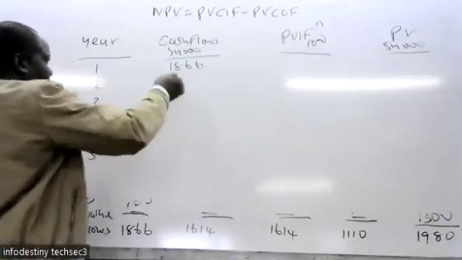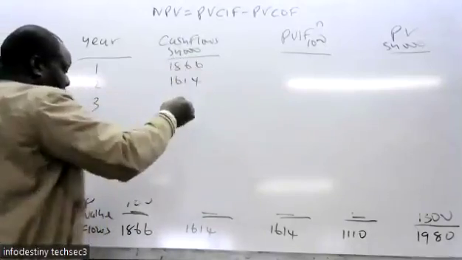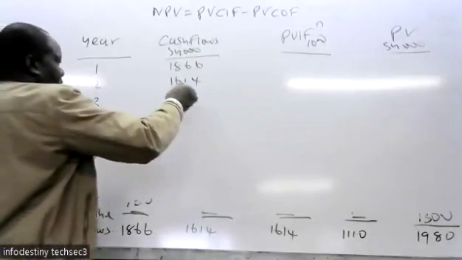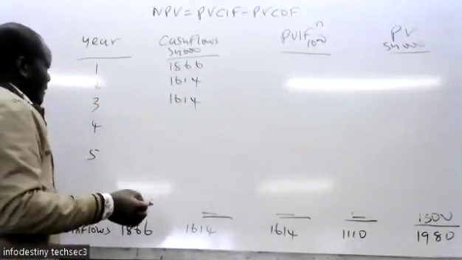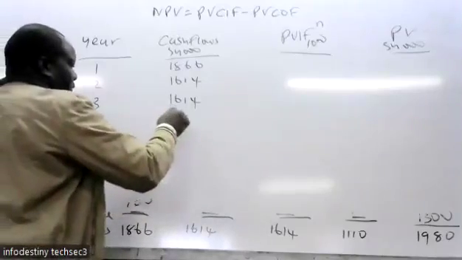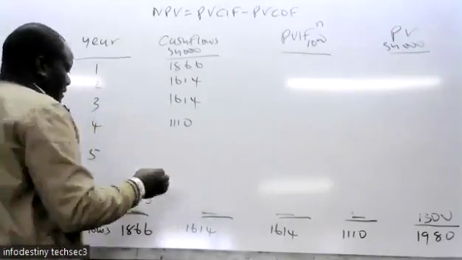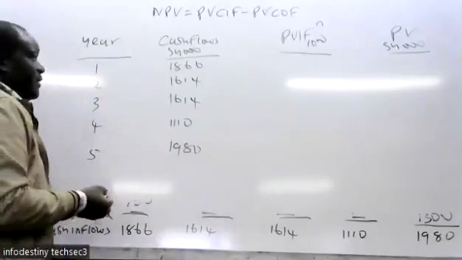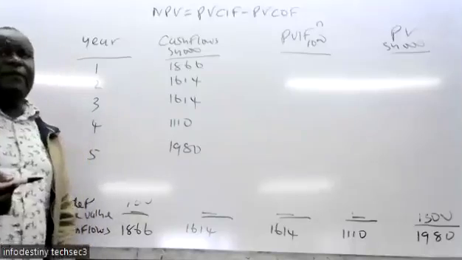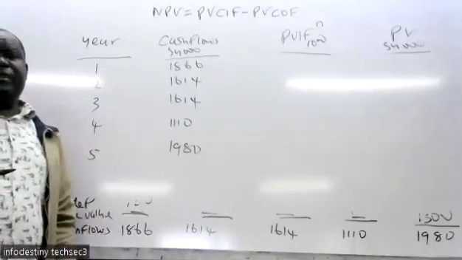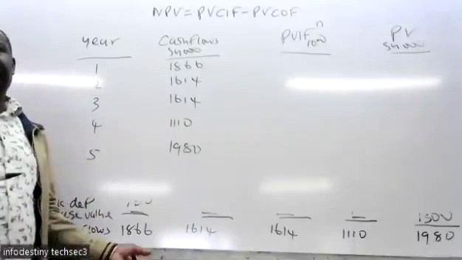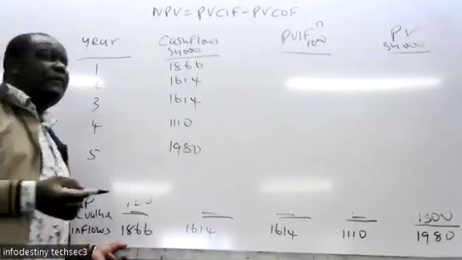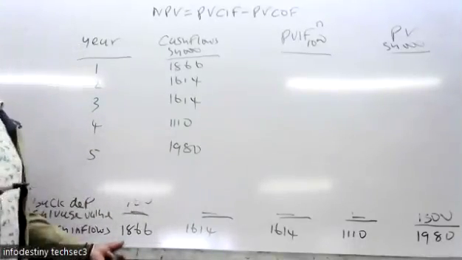There is 1614. Also 1614. There is 1110. There is 1918. Like that. So you check in the first table because cash flows are not the same. When you go to the first table, 10% in year 1.